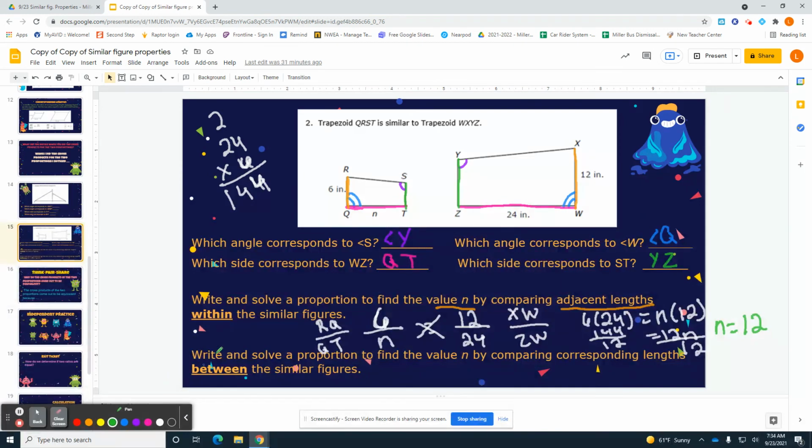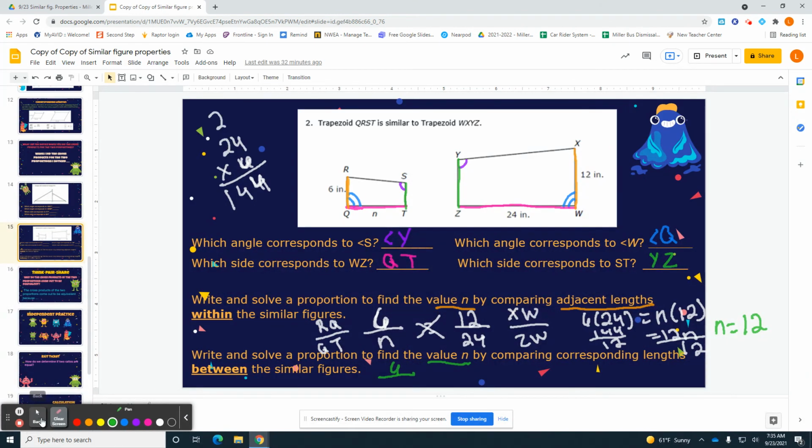I'm going to write in a different color. It says write and solve the proportion to find the value of n by comparing corresponding lengths. So now instead of adjacent lengths, which are within the same shape, so I had 6 over n and 12 over 24, I'm going to compare corresponding sides. So I am going to have 6, which is my yellow.